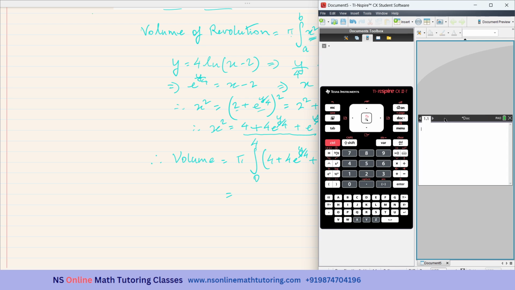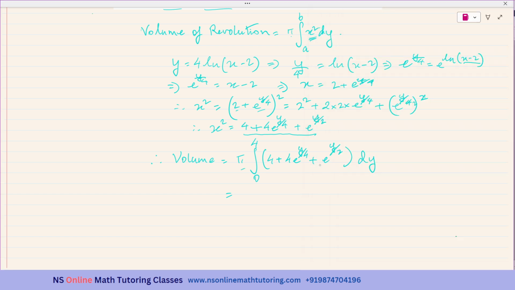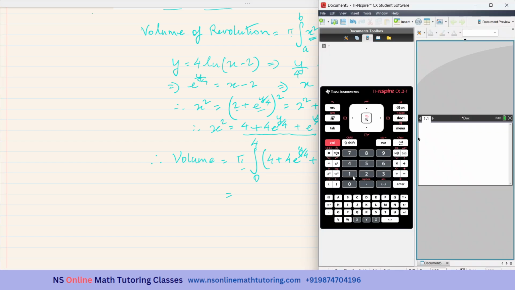On the calculator, first of all, I have to write this pi. So it is pi times the integral sign. The lower limit is 0, the upper limit is 4.